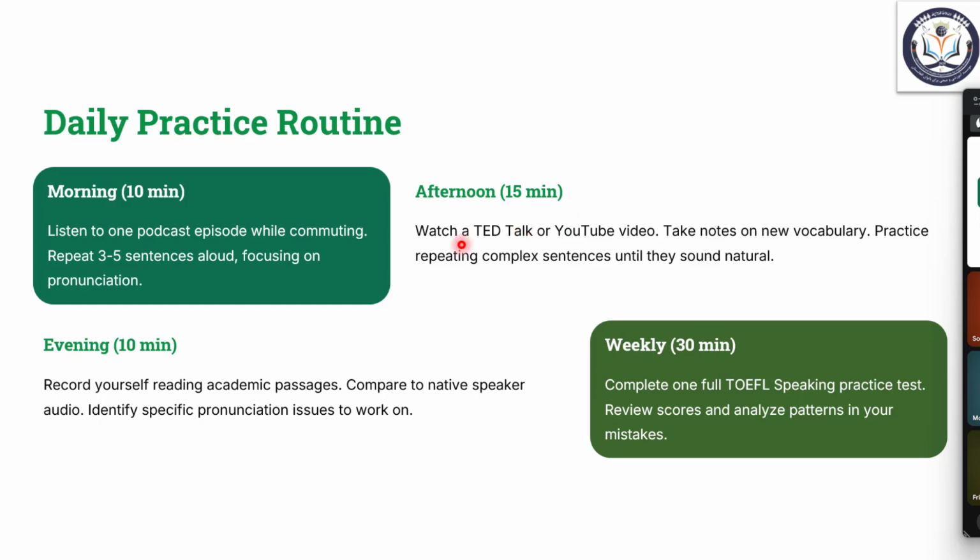In the afternoon, again, you can go on to TED Talks or YouTube videos. Try to focus on new vocabulary, and practice repeating complex sentences until they sound natural to you. In the evening, you can record yourself reading academic passages. Again, it is really helpful with your pronunciation.